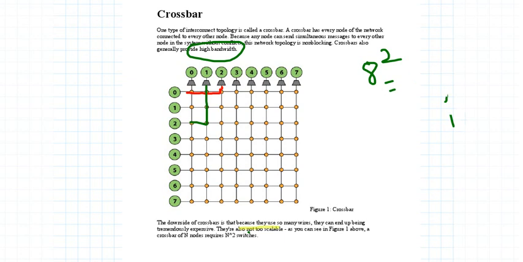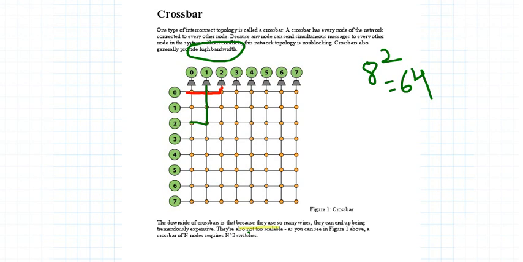If you count the yellow circles, you will find that there are 64 such yellow circles which basically represent switches connecting two processors among themselves.